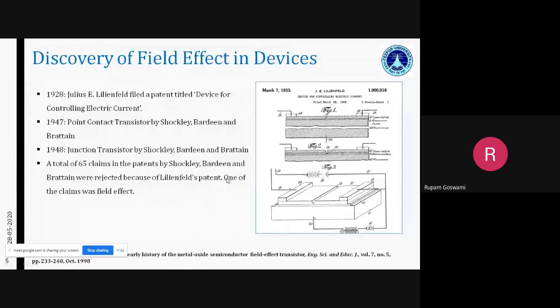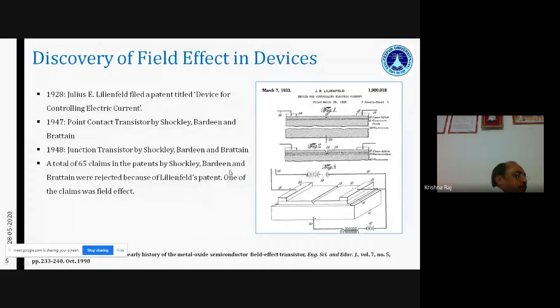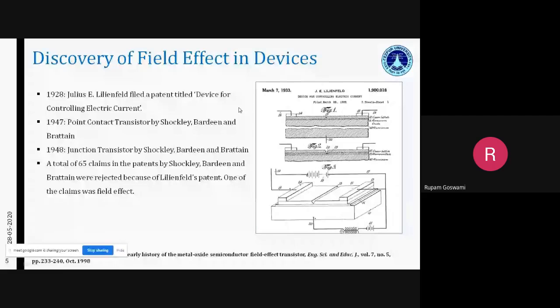So we were discussing the discovery of Shockley, Bardeen, and Brattain, and Julius Lilienfeld had already filed.